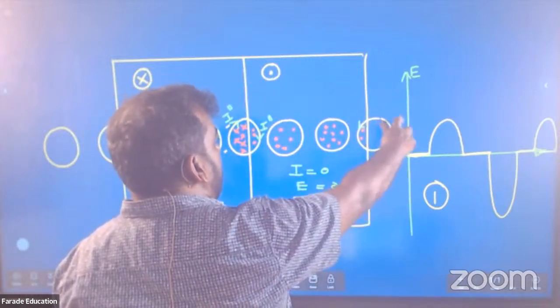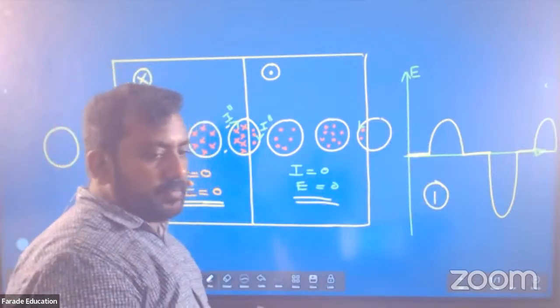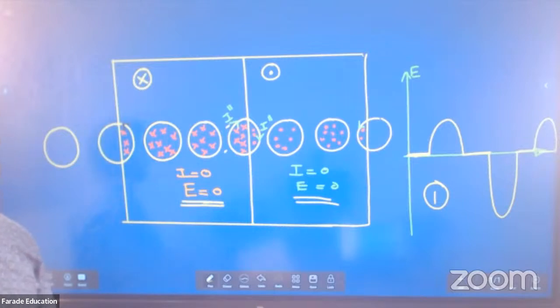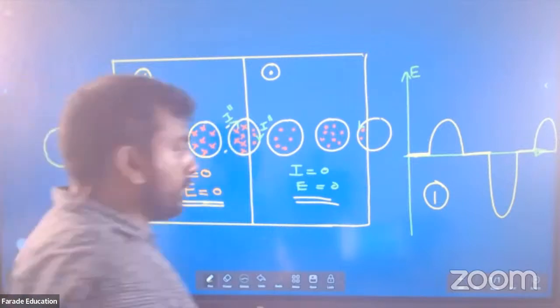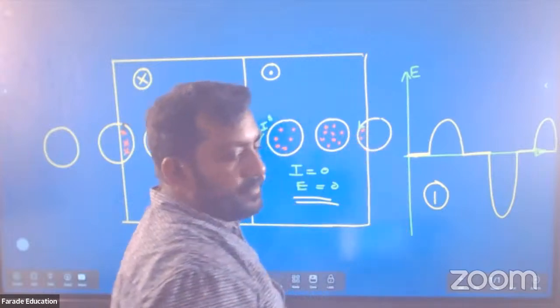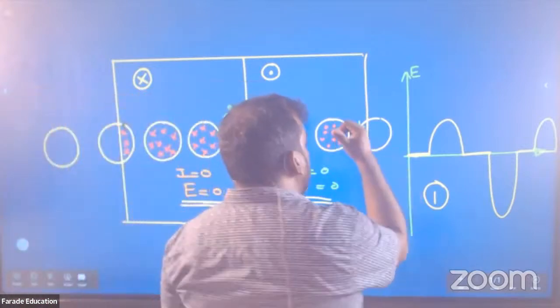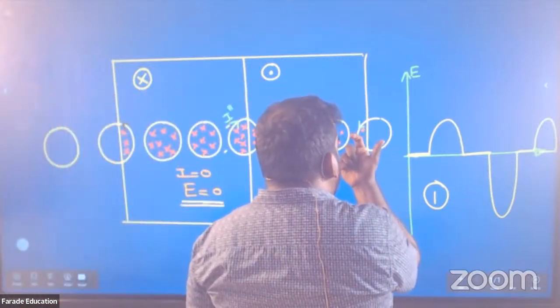And when the circular loop moves out, the number of dots will reduce. Dots mean field lines coming out.